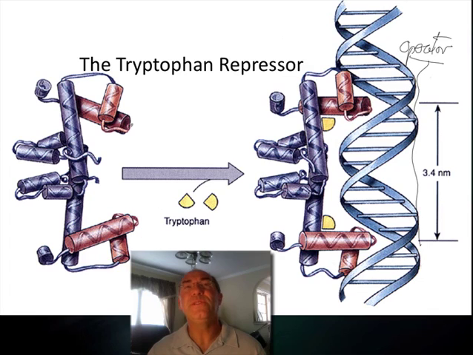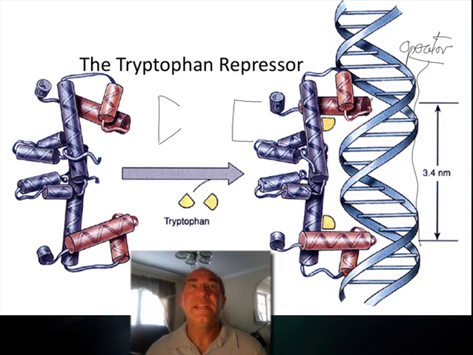If you look at these 2 different shapes, this shape over here where it is not bound to DNA looks like this. Its 2 arms, up and bottom arms, are bent in. Whereas if you look at this same protein when it's bound to the DNA, we see that those 2 arms are quite straight, and they're binding to the major groove of the DNA double helix.